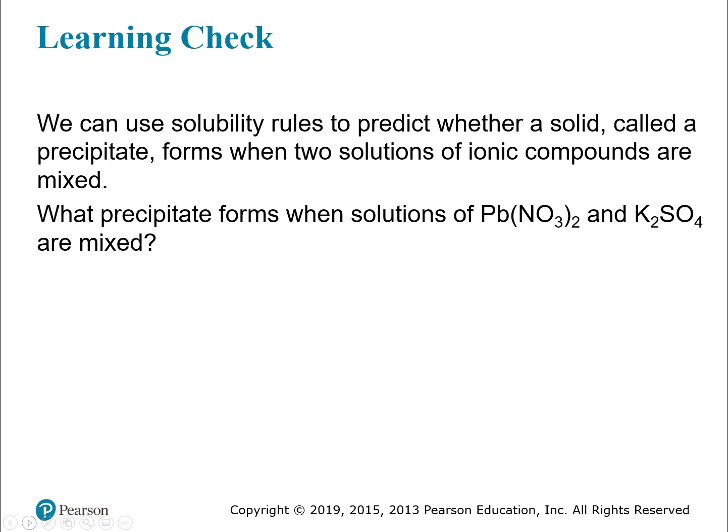We can use these rules to predict whether a precipitate is going to form, which a precipitate is just another way of saying a solid. If you mix two solutions of ionic compounds and all of a sudden you have a solid forming, that solid is called a precipitate. So the question is, what precipitate forms when solutions of lead 2 nitrate and potassium sulfate are mixed?